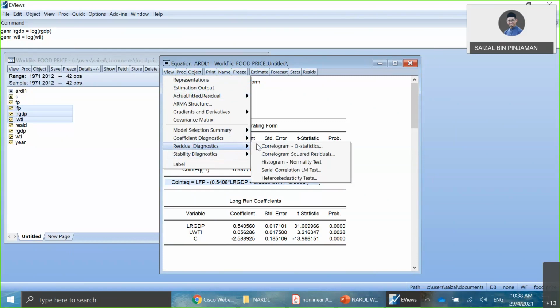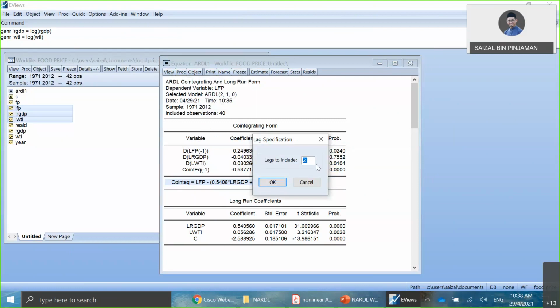If we run the serial correlation test, for example, we include two lags here. What we mean by this is that we try to determine whether the present value of the error term is influenced by lag 1 and lag 2 of the error term itself. That is what it means by including two lags in this specification of the serial correlation test.